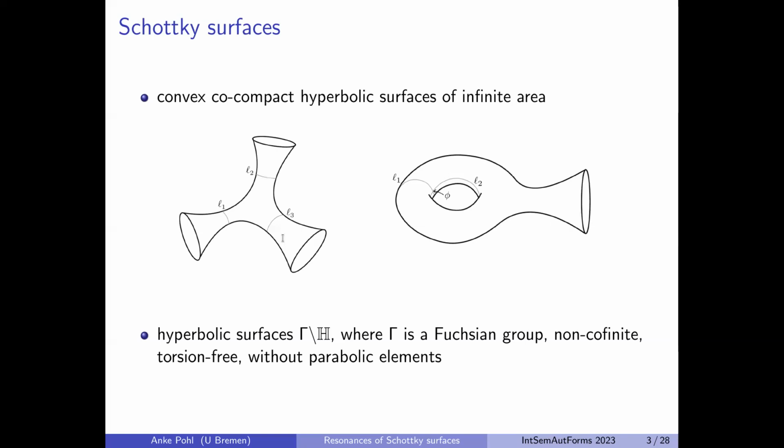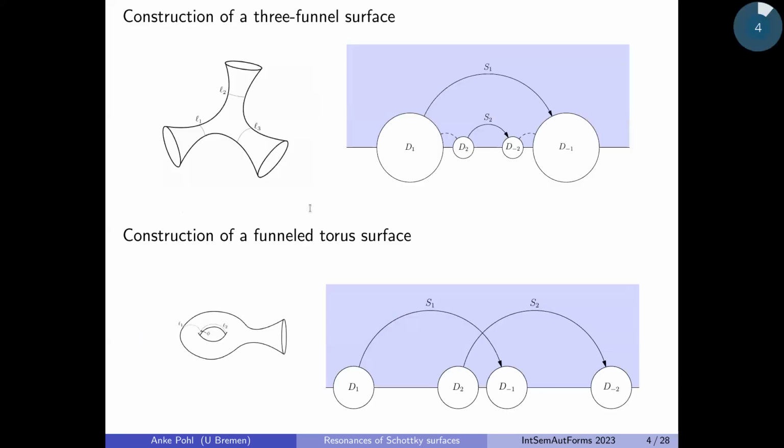So there is a number of funnels. These ends here, which are open. So what you see as a boundary is not a boundary. This extends to infinity, and they might also have a higher genus, so a number of holes. It depends on which surface you look at. But essentially, they all look like this.